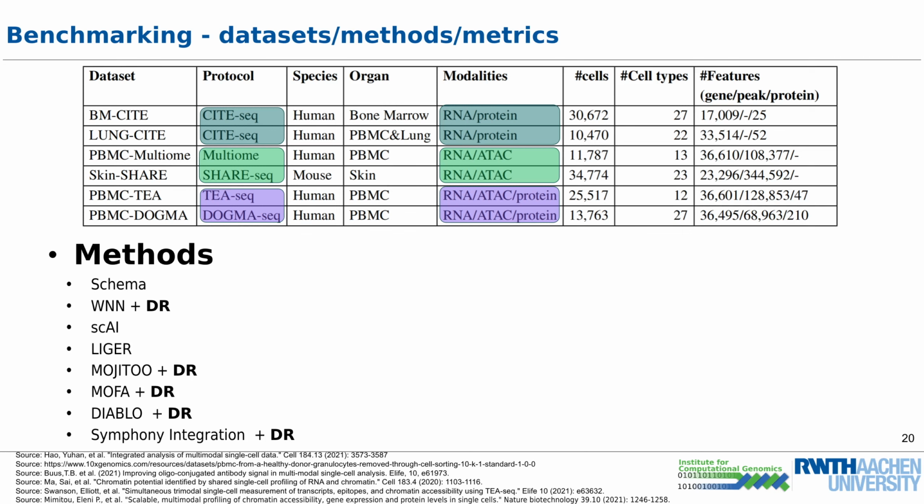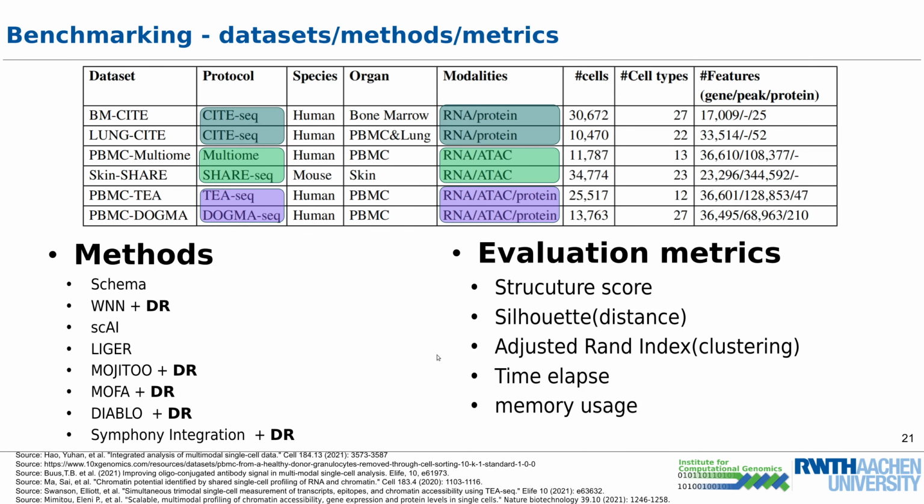We use 5 metrics to do the benchmarking. The top 3 are to benchmark the accuracy of competing methods. Here, structure score is to measure the preservation of latent space, while silhouette score is to measure the distance representation, while adjusted rand index measures the accuracy of clustering on latent space.